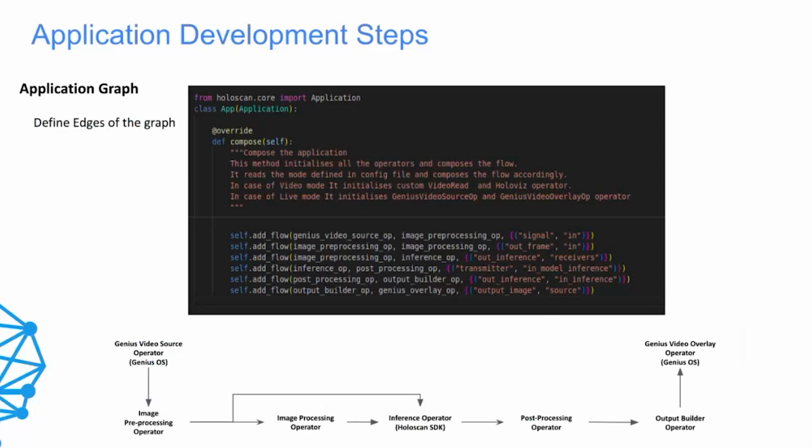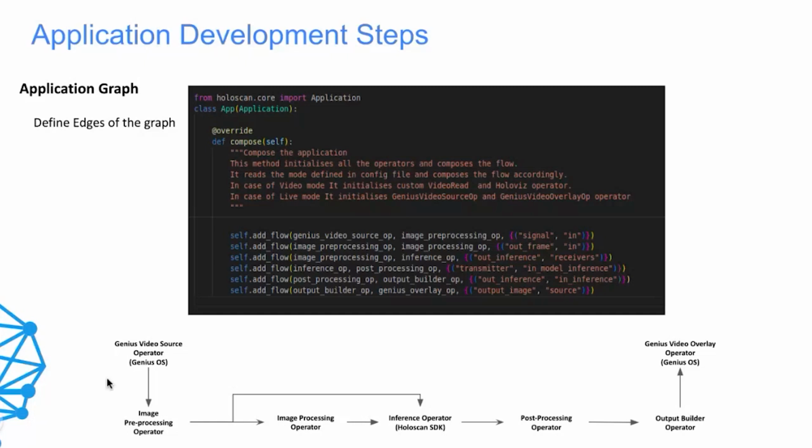For application defining, for simplicity, I'm not defining any fragments in this sample application. I'll just show one fragment. This is how you use the add flow API to define which operators have which ports linked to each other. Signal and input ports, for example, over here are linked to the Genius video source and image pre-processing operator.